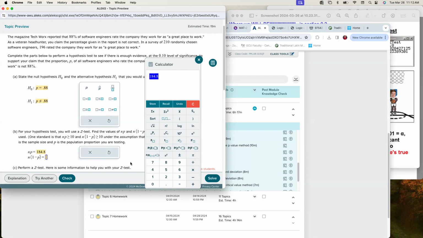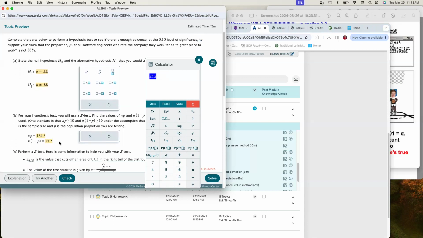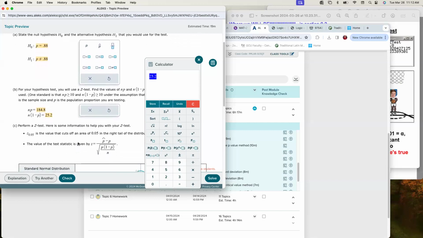And down here, if I take 0.2, which is 1 minus 0.88, and multiply that by the 210, I get 25. So 0.2. So we are well above the cutoff of 10. We're definitely greater than or equal to that.